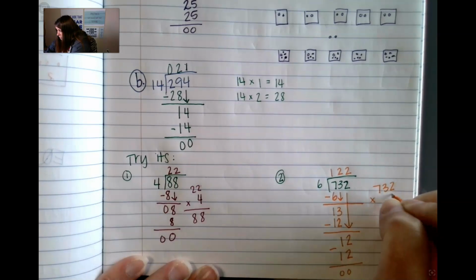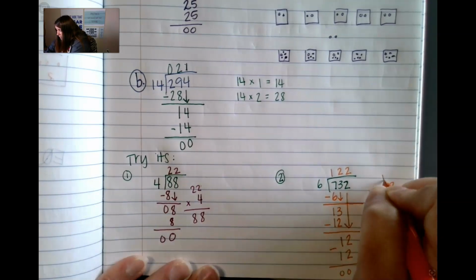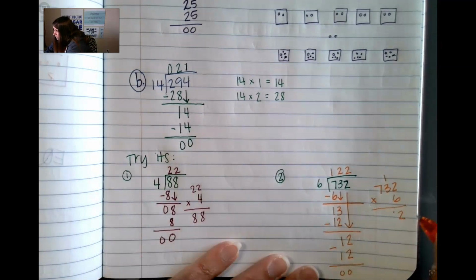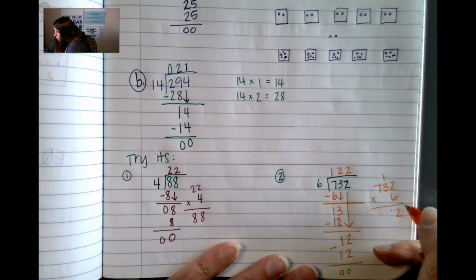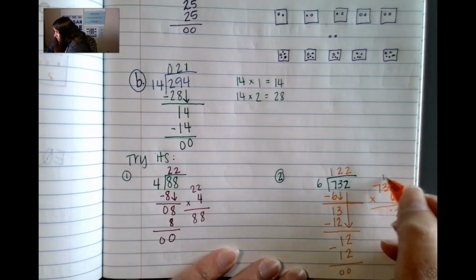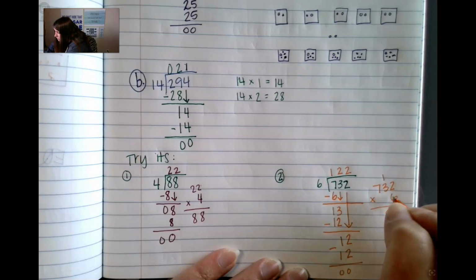And again, I'm going to check this out to the side. So 122 times 6. Wait, what did I do? Oh, I'm multiplying times the wrong thing.